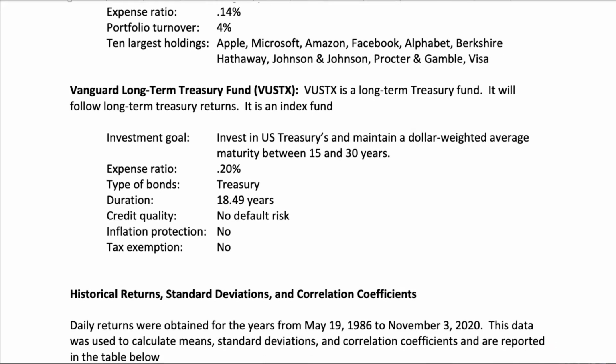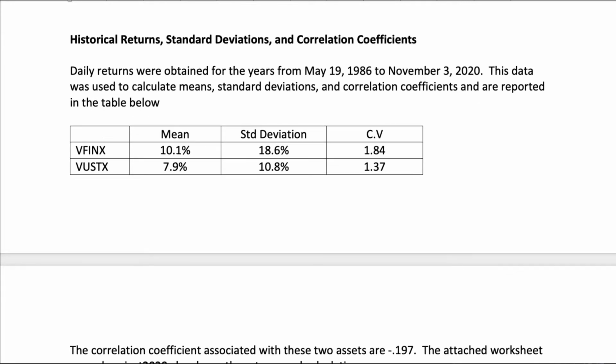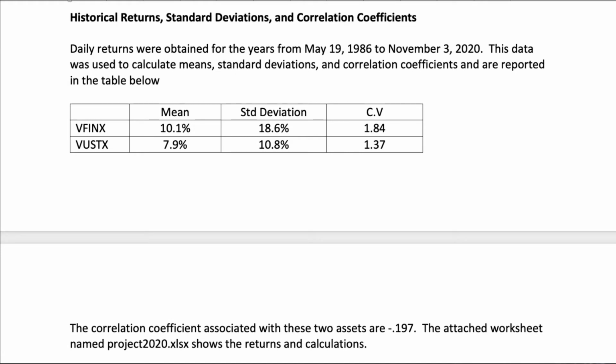I then said we're going to come up with a series of historical return, standard deviations and correlation coefficients. I got that data from May 19, 1986, to November 3, 2020, from Yahoo Finance, and I report here for both of these the mean, and I used the geomean, standard deviation, and the coefficient of variation here.